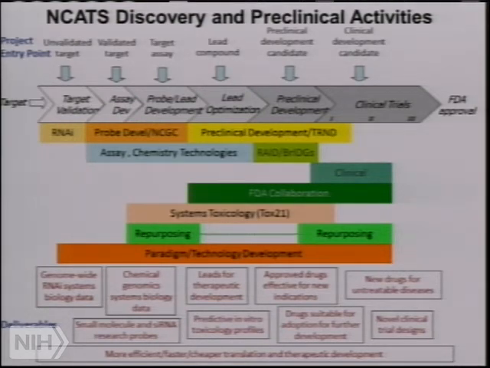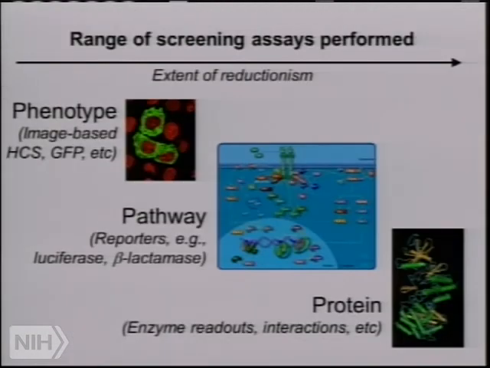So long story short, we work on things that are really not mainstream pharma-type targets, the blockbuster drugs. They're well served within the commercial space. So you'll see strange protein categories, things that are not mainstream yet and have their own challenges. So in terms of screening assays, one can look at various levels of reductionism.